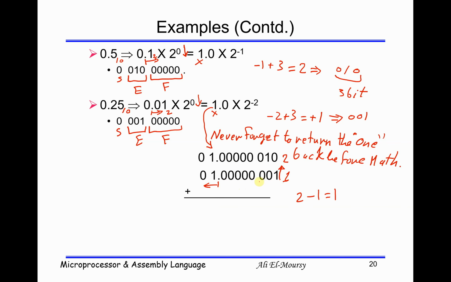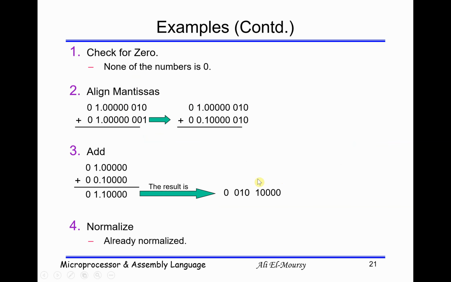Going to the second slide, we can see that we shifted the number and ended up with the two exponents equal. So we are free to add the two mantissas together. Step number 1 is the alignment, step number 2 is the addition. So I end up with this result.